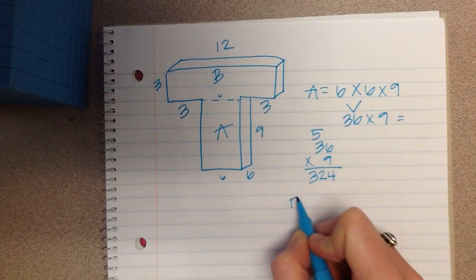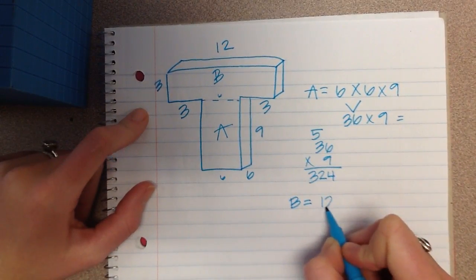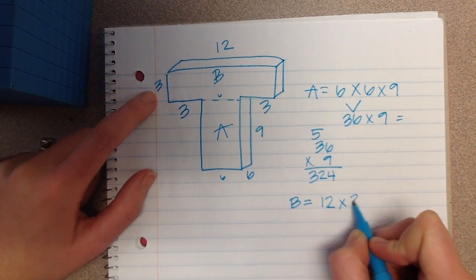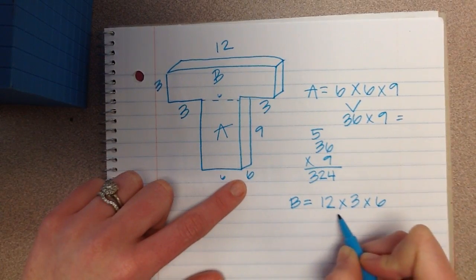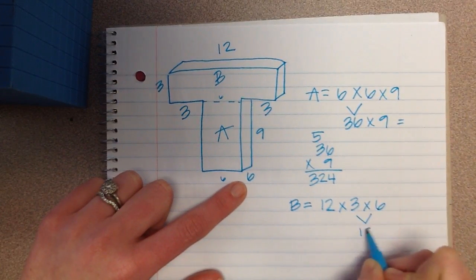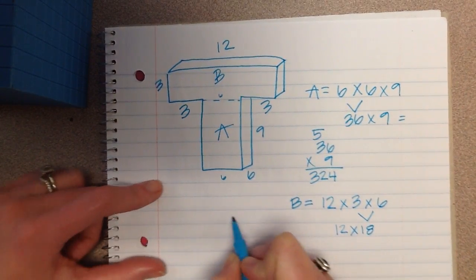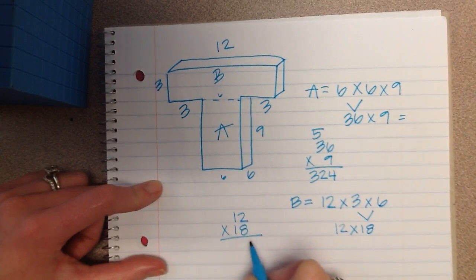And then B equals, our length is 12, our height is 3 from here, and our width equals 6. I'm going to combine here because I know that. Bring down my 12. Now I have to do 12 times 18.